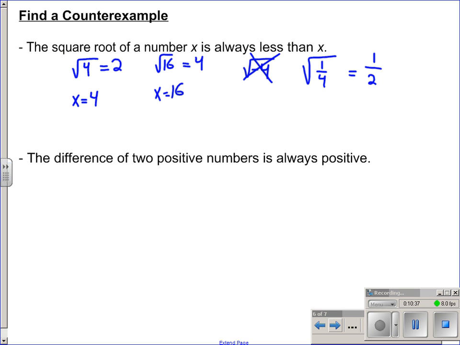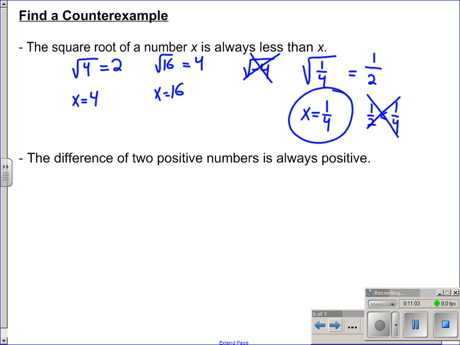So the square root of a number x, in this case x is 1/4, is 1/2 less than x? Not so much. There's our counterexample. We came up with a number x that the square root of it is not less than the number.